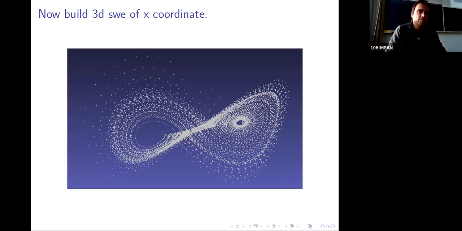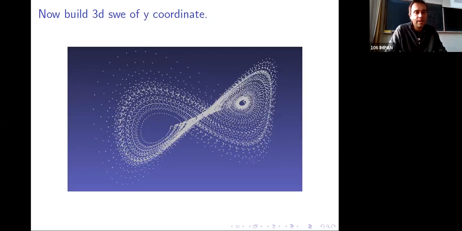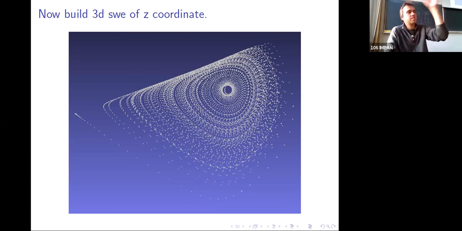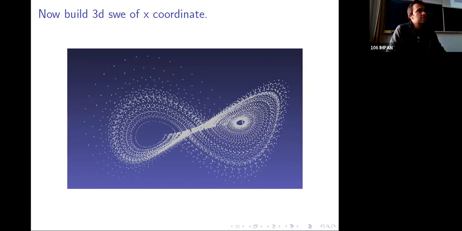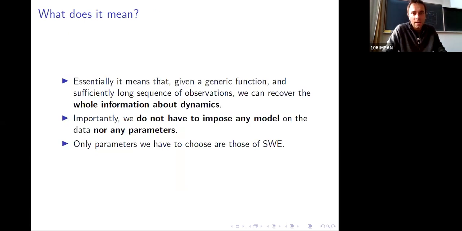Based on this, I can do the reconstruction. So that's a reconstruction into R3 based on the x, y, and z coordinates. You don't see this butterfly attractor in one of them because of, I think, the unstable fixed point on the z-axis coming from Lorenz. So that's not a generic observation function, but those two are giving us the attractor pretty well, at least the prefix.